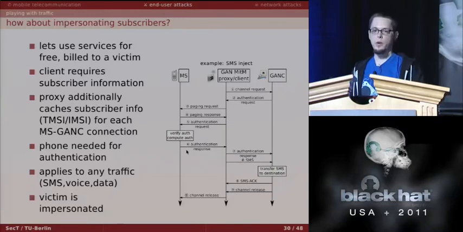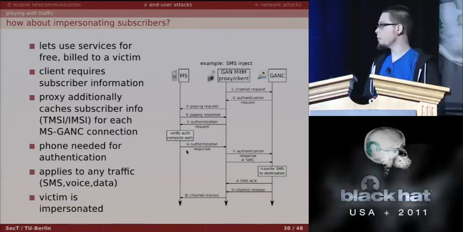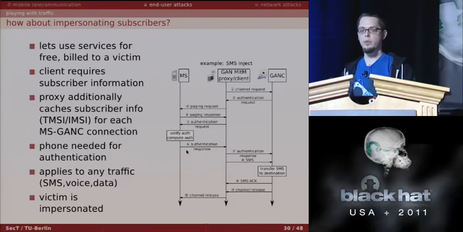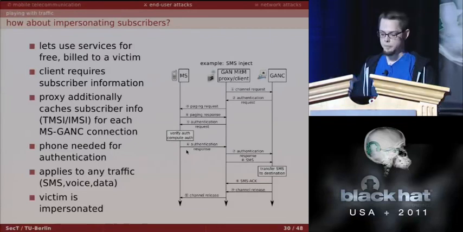So what happens is our client is just connecting again to the proxy. It says, I need fresh subscriber information. The proxy will just reply with a fresh TMSI or IMSI. And the attacking client is then using this to issue a service request to the network.